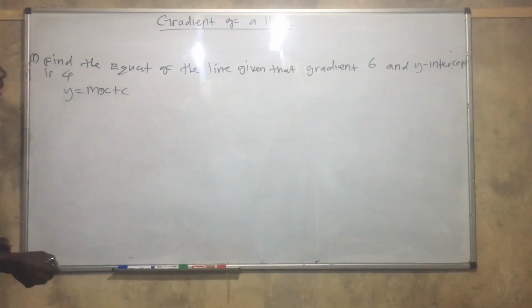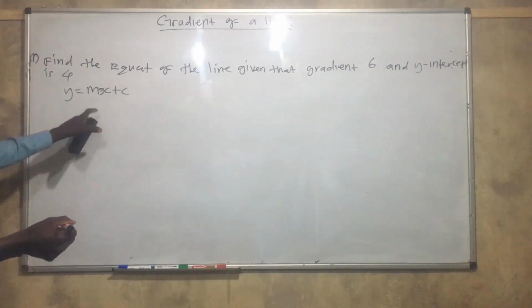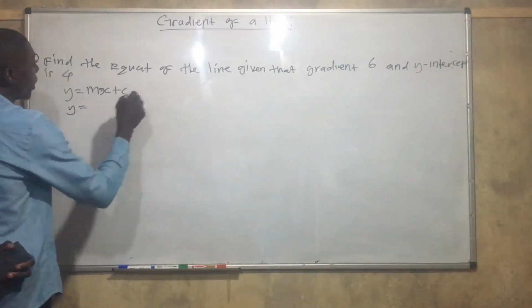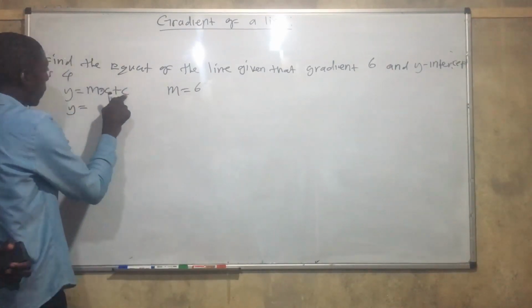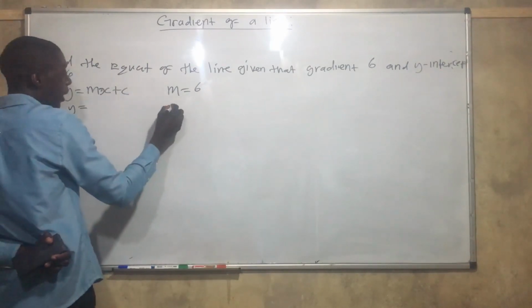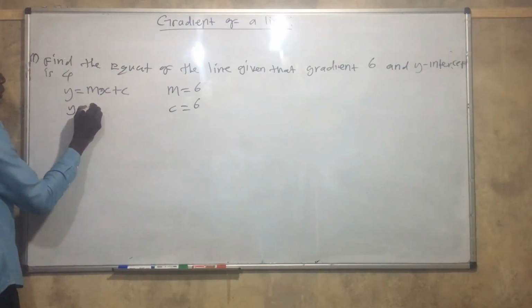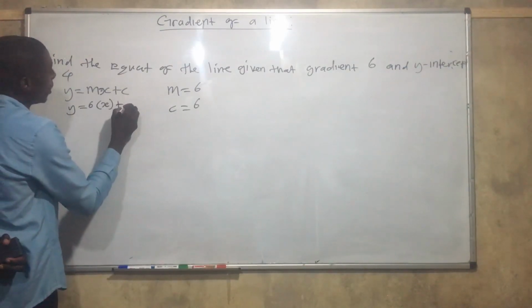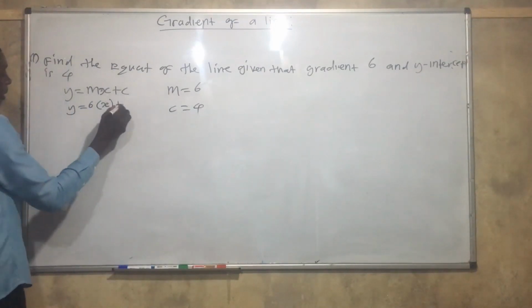So the formula that we can use in this case will be y is equal to mx plus c, because this question is direct. We have been given the gradient, we have been given the y-intercept. We just have to write the equation. So y is equal to our gradient, which is 6, multiplied by x, then plus our c, our y-intercept, which is 4.